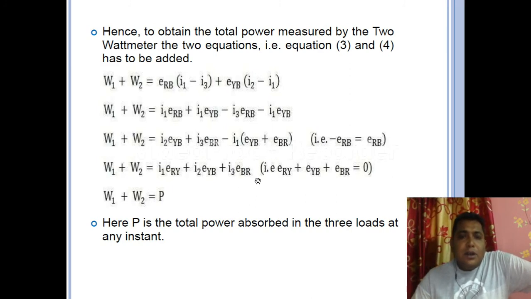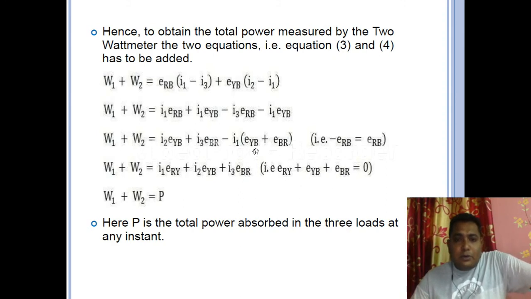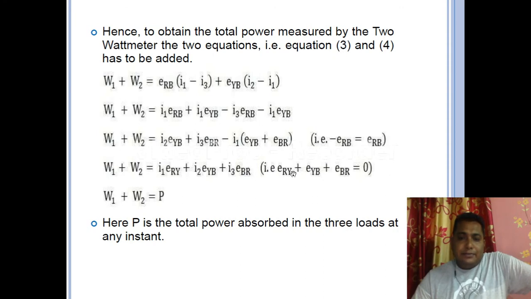Now we know from the concept of KVL that the summation of all voltages is equal to 0. So EYB plus EBR is equal to what? Minus of ERY. If we place the minus and minus, that is the plus.